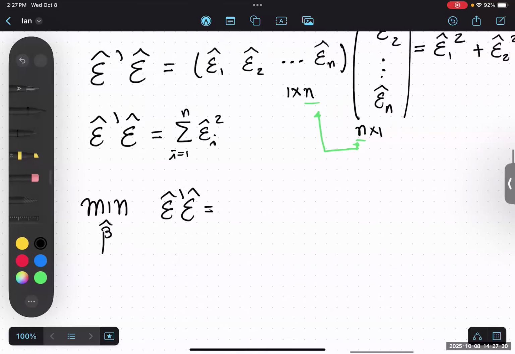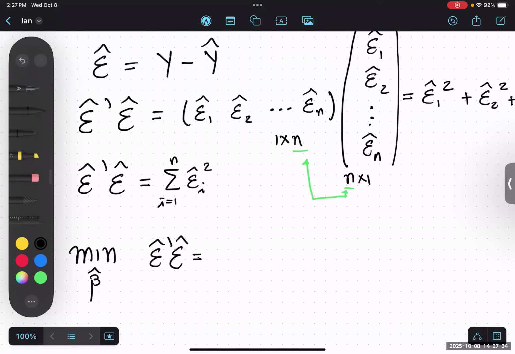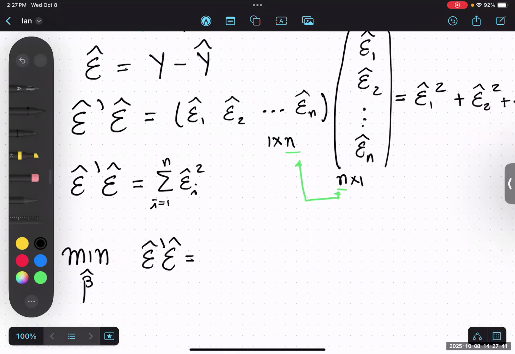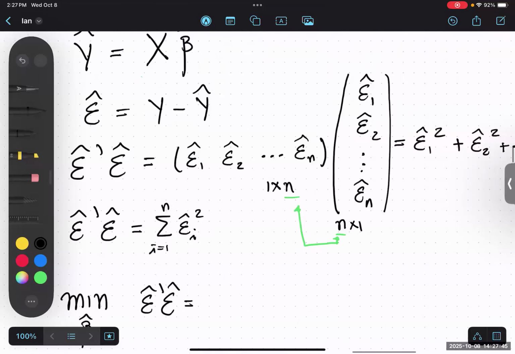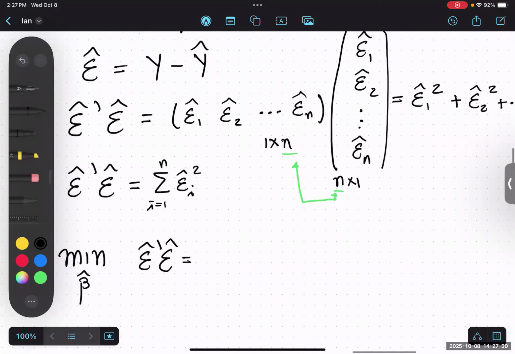Now, one of the things that I mentioned before is that, by definition, this product of these two vectors is the sum of the squares of the residuals. But in matrix notation, each of the epsilon hats comes from the difference between the observed values and the fitted values. But the fitted values, by definition, are X times beta hat.